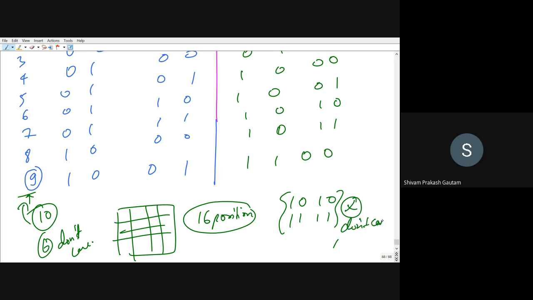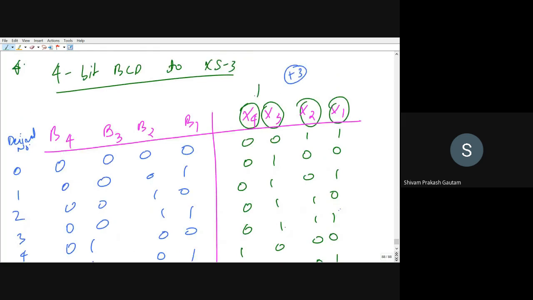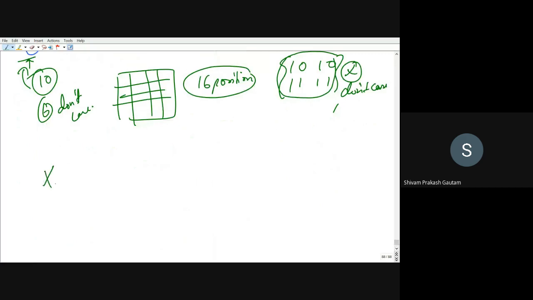Whenever we write the min terms, we will also include the don't cares in each of the functions. If you want to write the min terms for X4, you have to include the don't care for X3 as well, for X2 as well, for X1 as well. And the don't care will remain the same in all cases. For example, let me write the min terms for X4. X4 will be the summation of min terms.